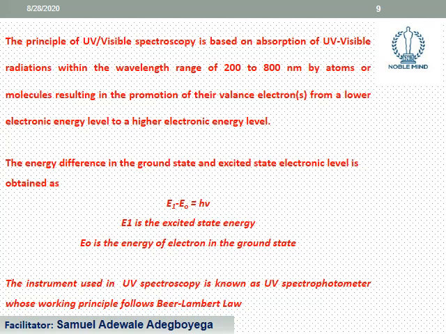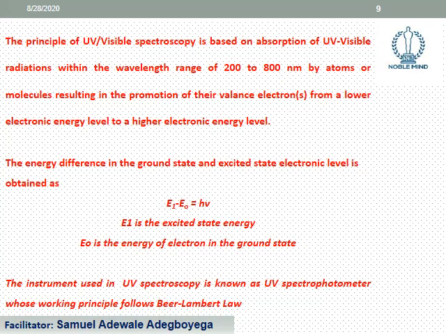Some resource materials may give you a value around 180 to 780 nanometers, so it's still within the range. When they absorb light within that range, it results in promotion of valence electrons, or electronic excitation from lower energy level to higher energy level.